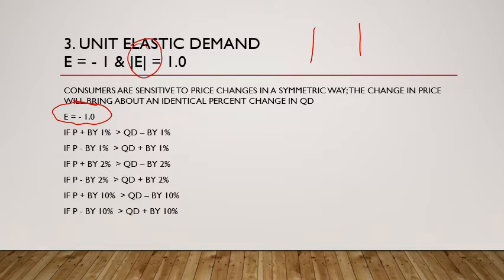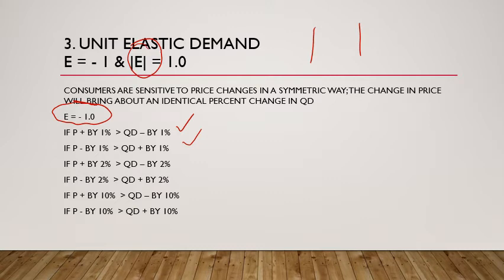If price goes up by 1%, what will happen to quantity demanded? It'll go down by 1%. Up by 1, down by 1. If price goes down by 1%, what happens to quantity demanded? It goes up by 1%. Again, an identical percent change.